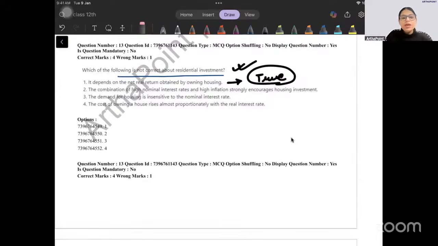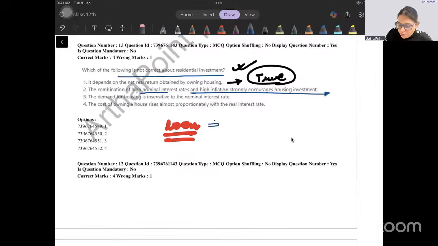Second statement देखते हैं. It says the combination of high nominal interest rate and high inflation strongly encourages housing investment. What about this statement? High nominal interest rate. See, whenever you do this kind of investment, you are taking a loan. When you take a loan, जब भी आप loan लोगे, you will be better off when there will be high inflation.